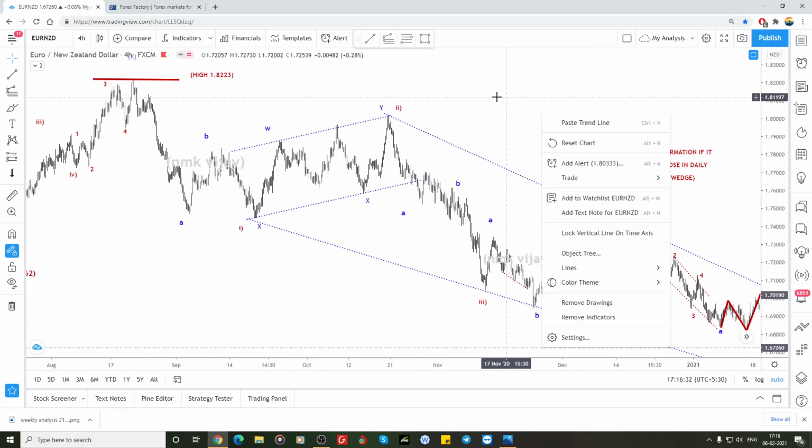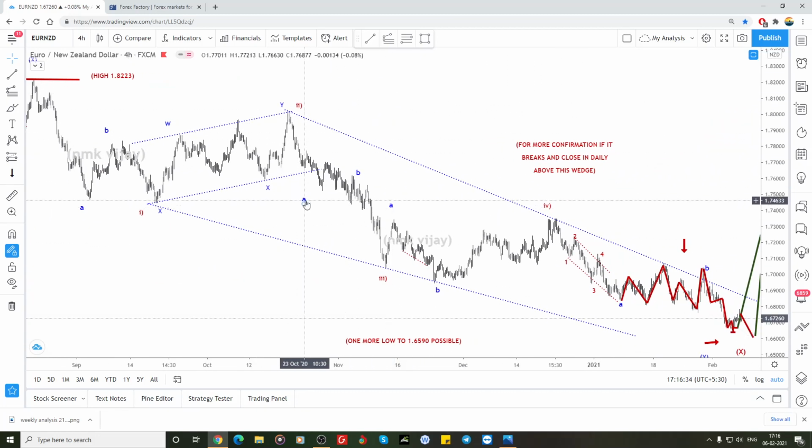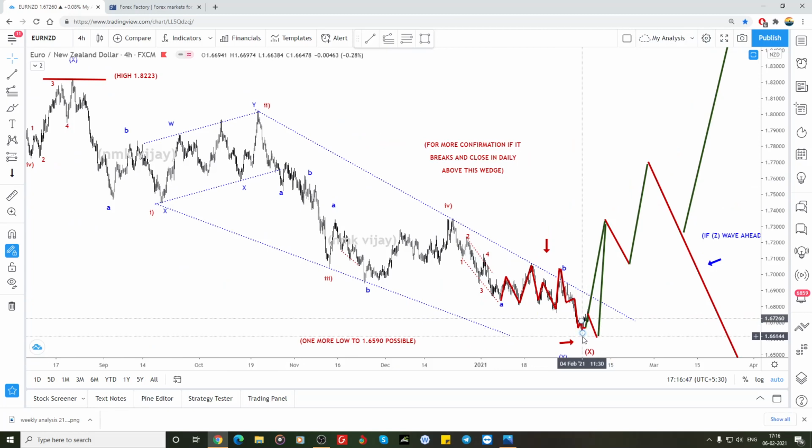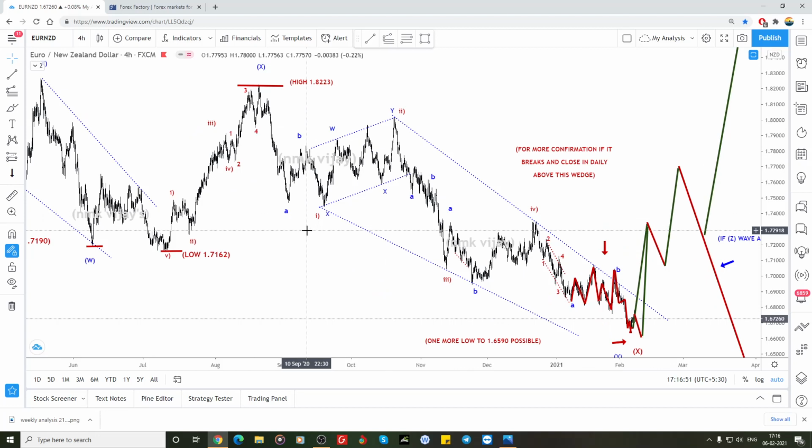And here one more doubt is whether this is A, B, C. Third, A, B, C is a fourth, and A, B, C is a fifth. So it could be like this, or what else is the next one, the third wave, the whole thing becomes, say, 1 2 3.